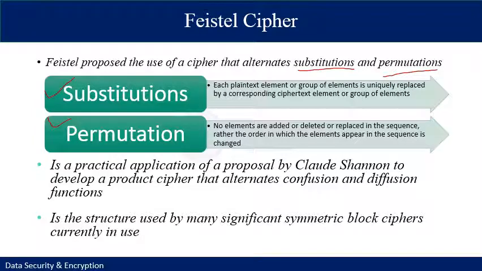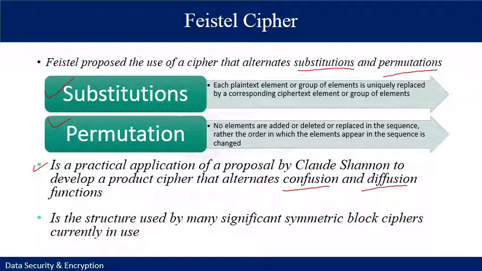The Feistel cipher is a practical application of the proposal by Claude Shannon to develop a product cipher that alternates the confusion and diffusion functions. Before we look at the concepts of confusion and diffusion, it is important to state a remarkable fact here. The Feistel cipher structure, which dates back to 1945, is a structure used by a number of symmetric block ciphers.